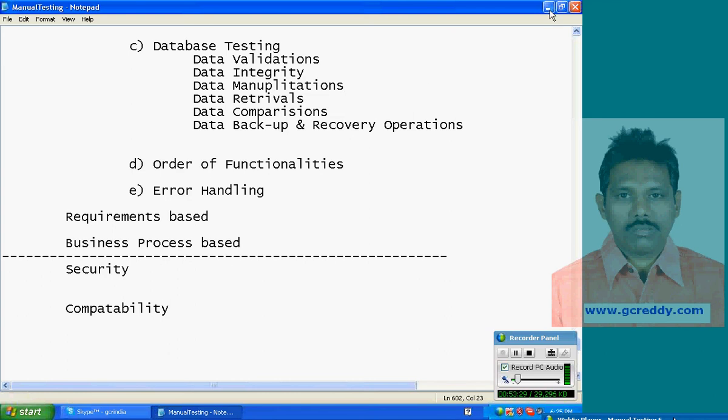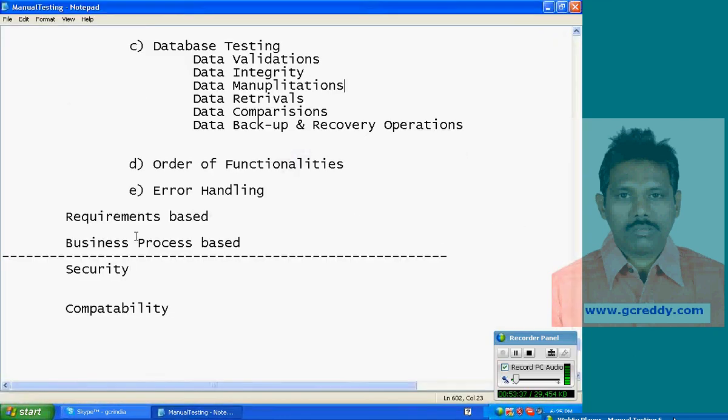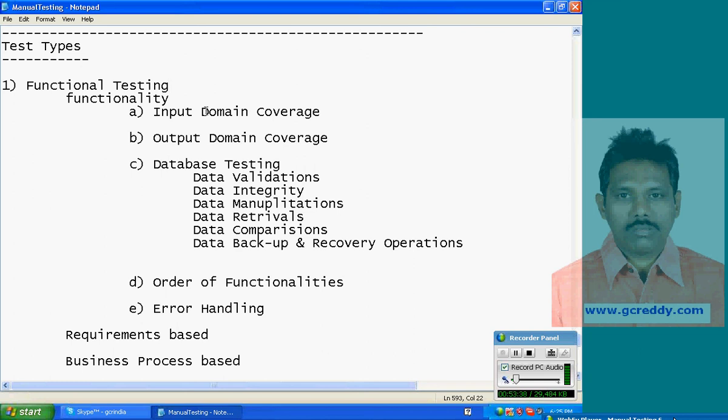Tell me, Priyanka, tell me something about functional testing. Here, functional and system testing. See here, mixing the terms functional and system testing. What is the meaning of this term? Actually, functional testing is part of system testing, but not only part of system testing.